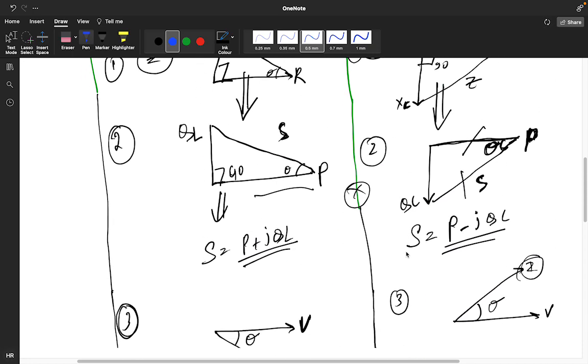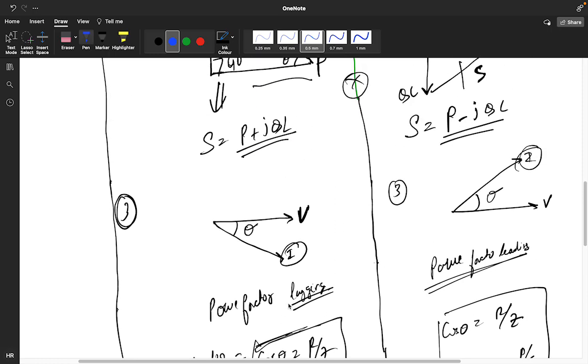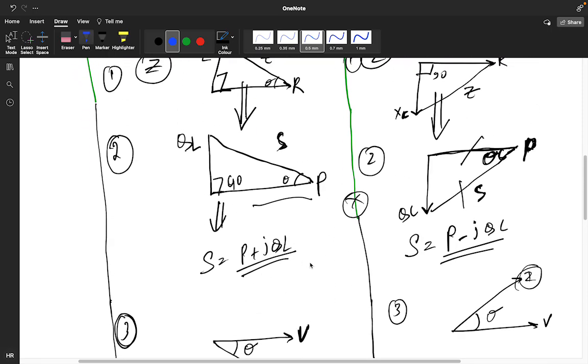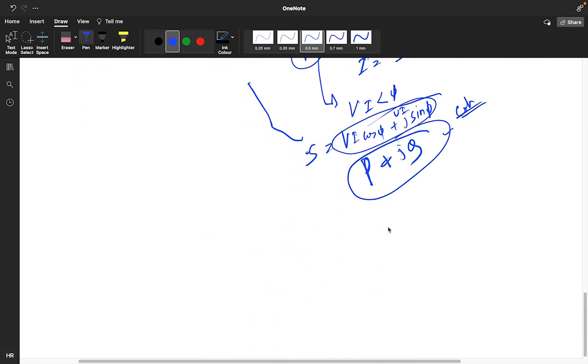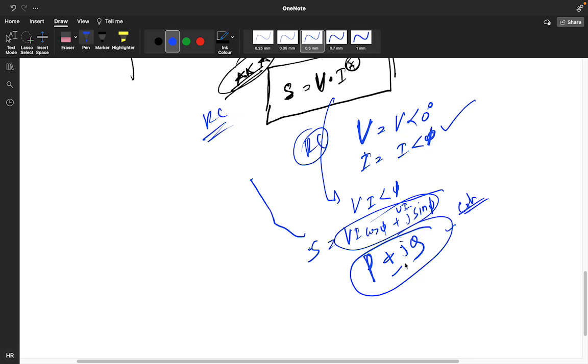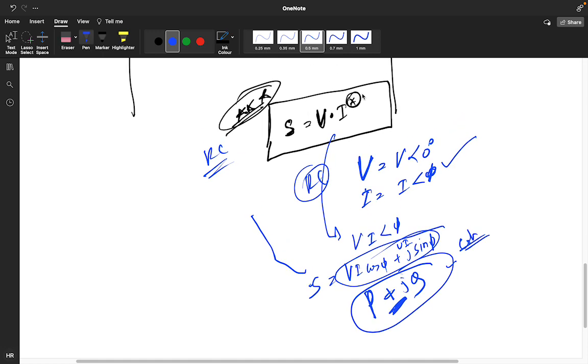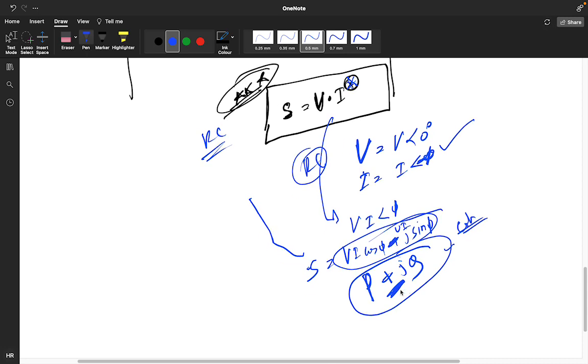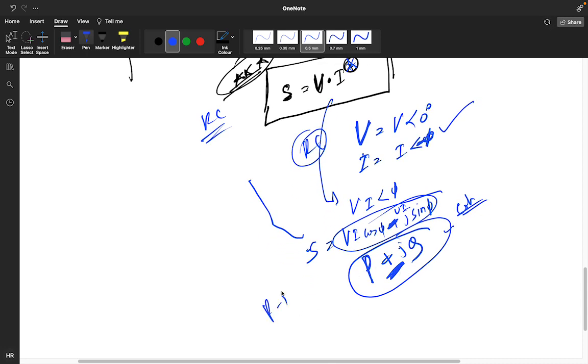This part is not for a capacitor, this was applicable for an inductor. In an inductor we get S equal to P plus jQL. For a capacitor, the RC network, we have assumed I at an angle phi degree, and we are getting P plus jQ. That's why we need to do the conjugate. If you do the conjugate, automatically the minus sign will come, and you will get P minus jQ.